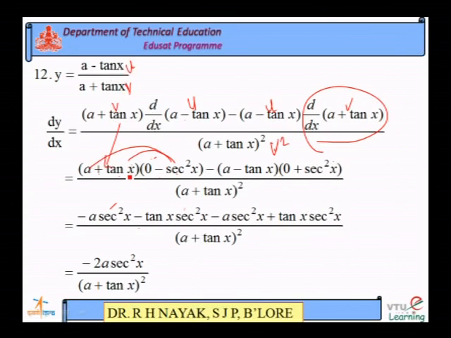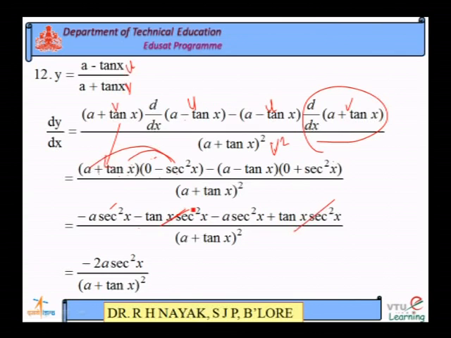Here also, by leaving 0, you can multiply the whole bracket (a minus tan x) with secant square x. Minus into plus, minus a into secant square x is minus a secant square x, and minus into minus is plus tan x into secant square x. This plus tan x secant square x and minus tan x secant square x get cancelled.